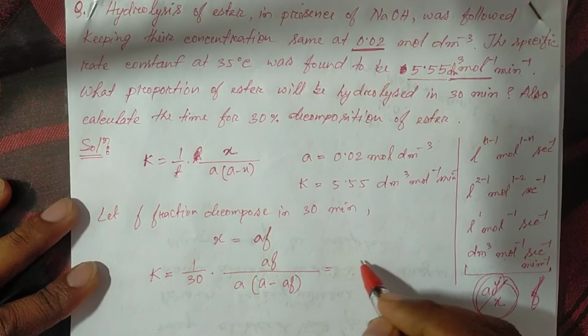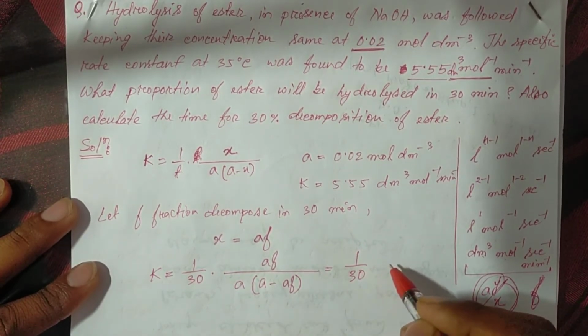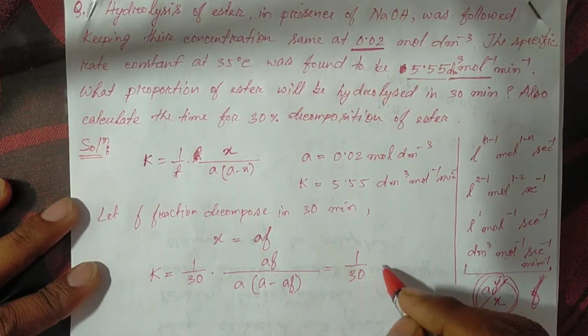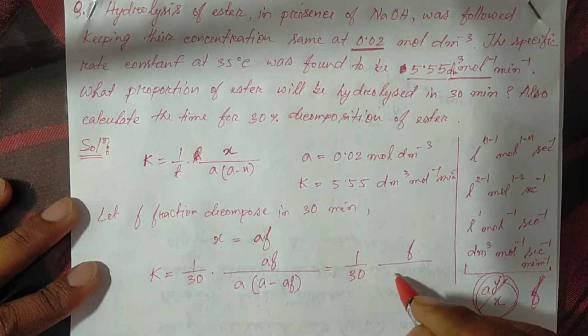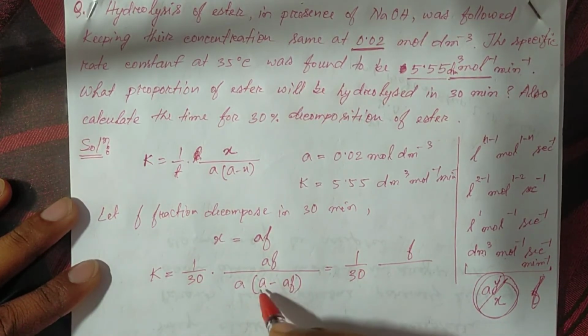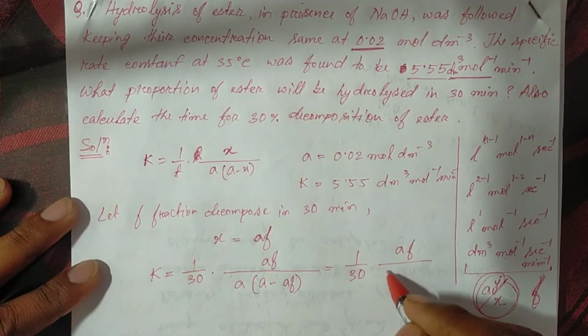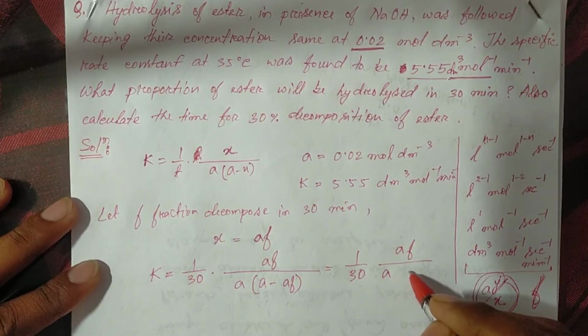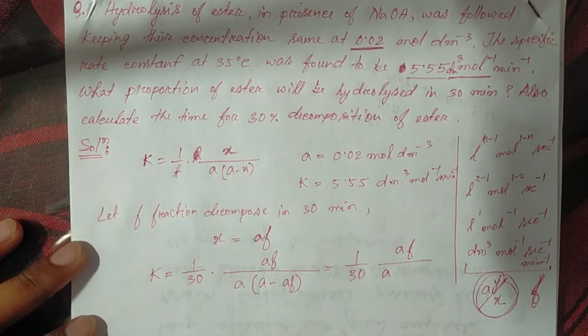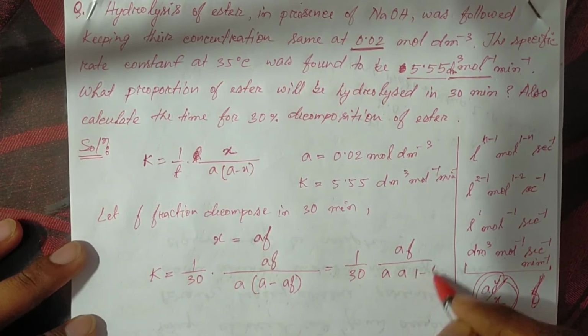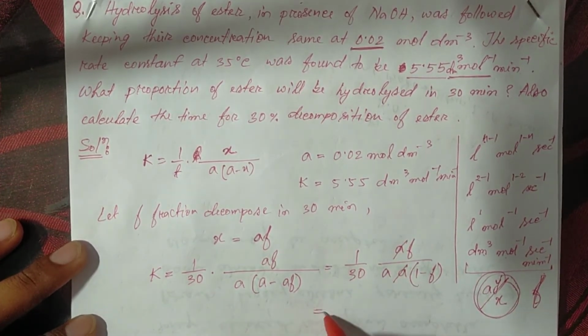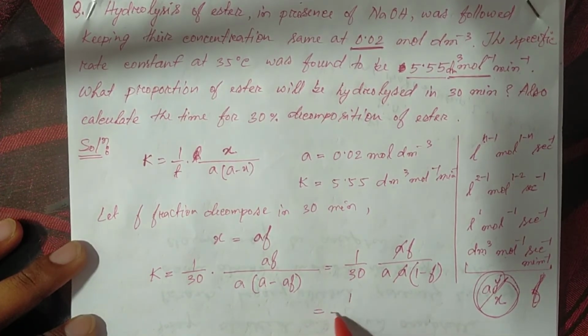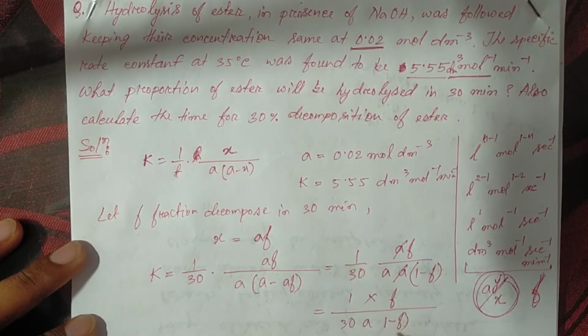Okay, so we can write 1 by 30, f. A will be common here and cut off, so it will be f by 30 A into 1 minus f.